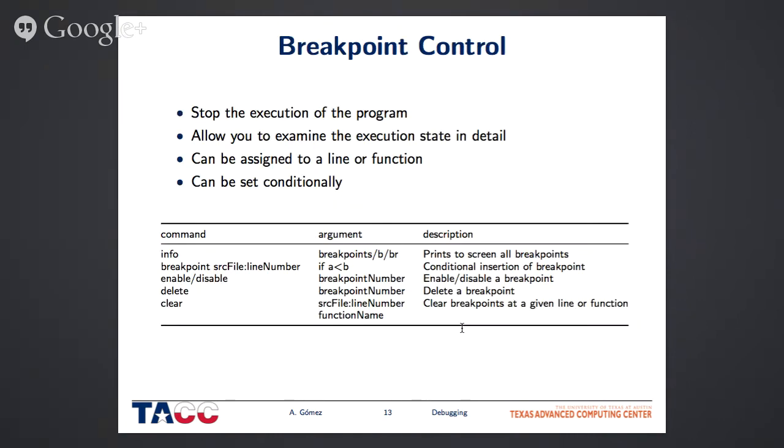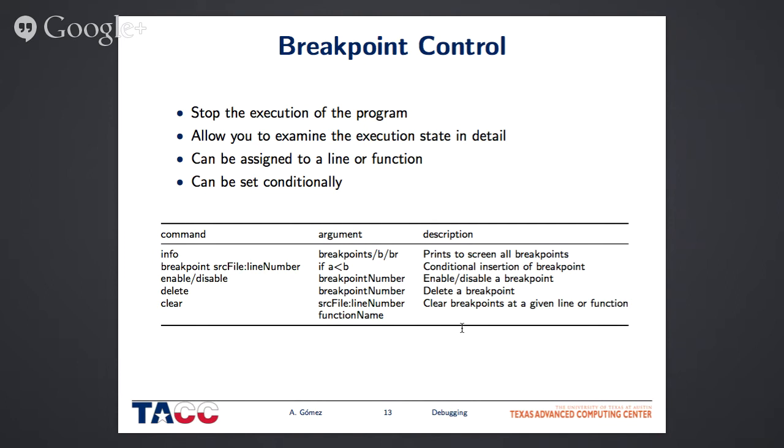Breakpoint control is critical. In the example that I show, of course, the code is going to stop because it has a problem. It has a crash in the code. But if your code is not crashing, and you want to look for specific values, specific variables during the execution, you want to insert breakpoints. This is like any other debugger in the market.